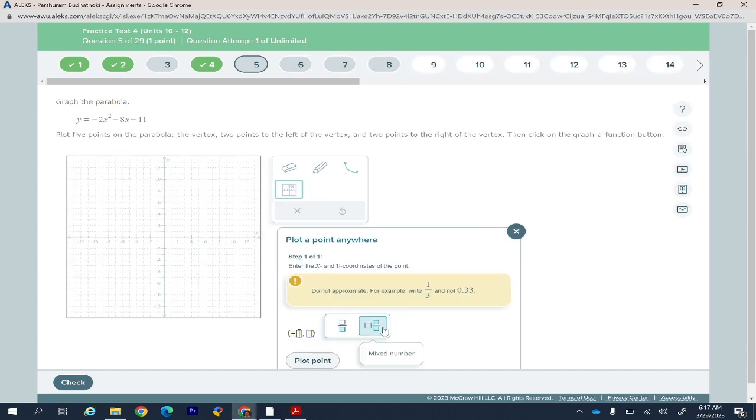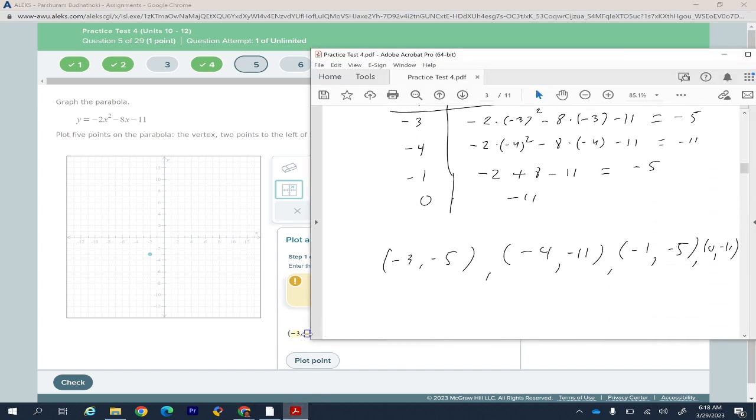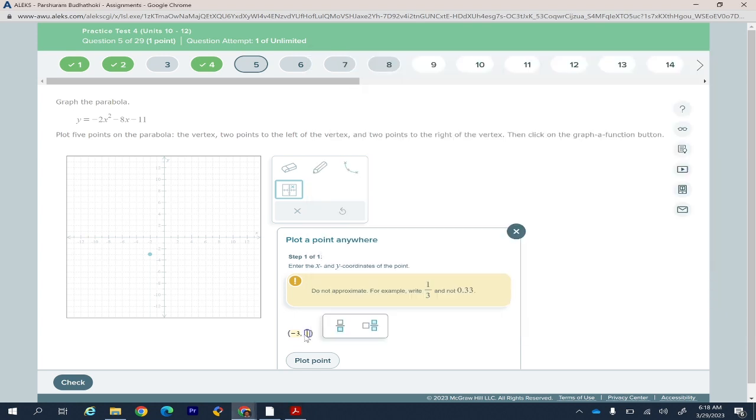So click here, -2, -3, plot it. At -3 the value is -5, at -1 the value is -5, at -4 the value is -11, and at 0 the value is -11.